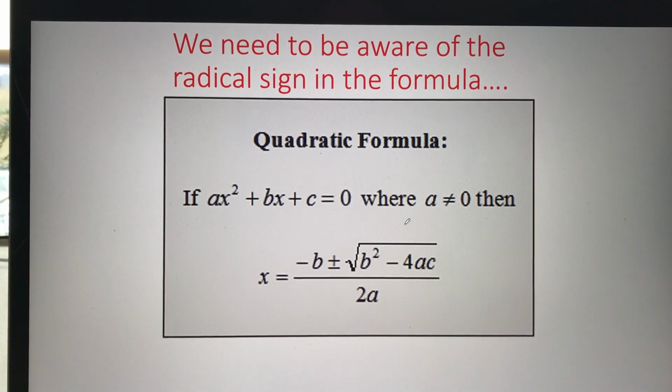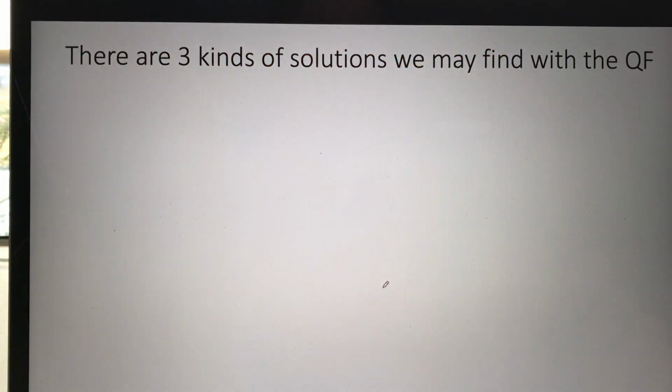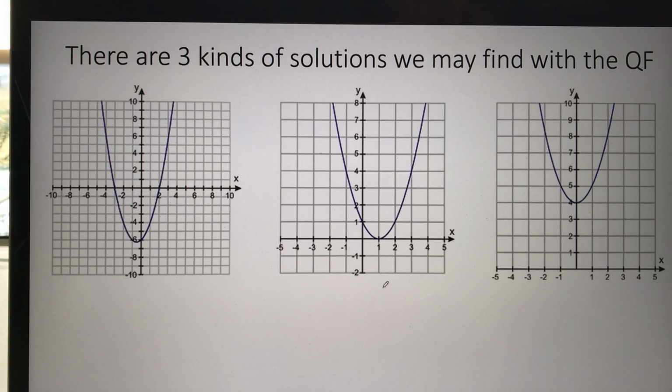Now, one thing we need to be aware of in the quadratic formula is this radical sign, this root sign. There are some properties of roots we need to be aware of. That root controls the type of answers that we get. With quadratics, there are actually 3 different cases of solutions we need to look at. The first case has two values, which we find with factoring, as we've seen before.